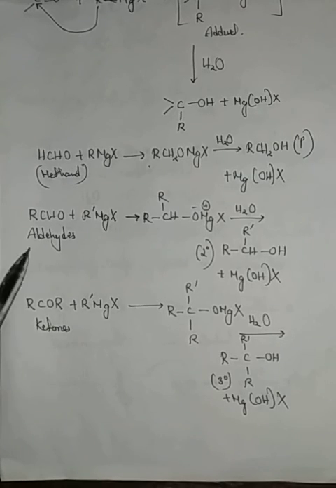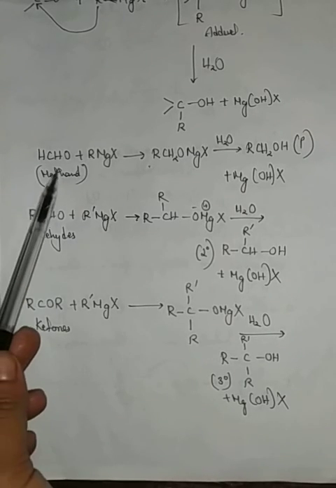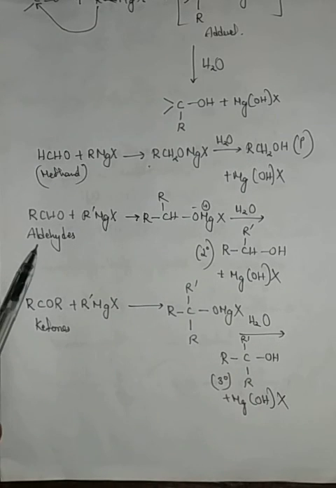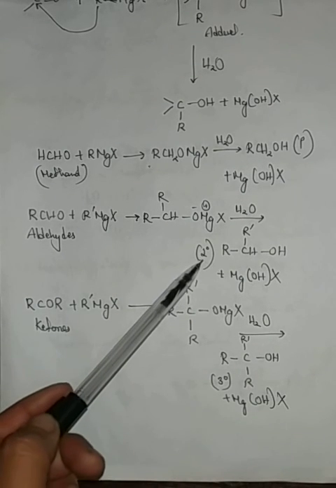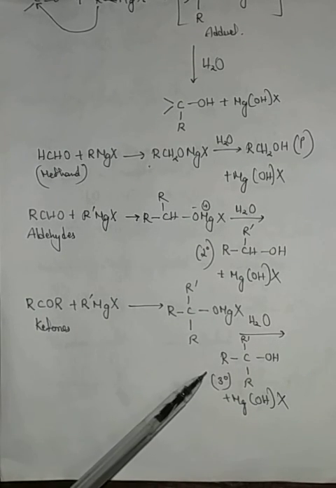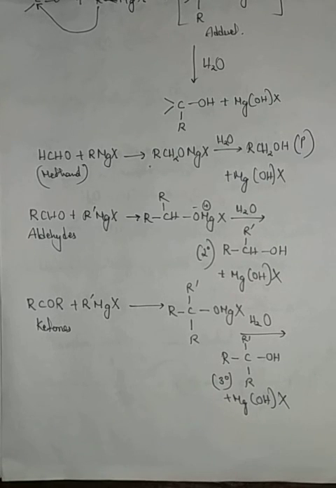Here we see that only methanal gives primary alcohols, other aldehydes give secondary alcohols, and ketones give tertiary alcohols. Therefore, these are the preparation methods of alcohols.